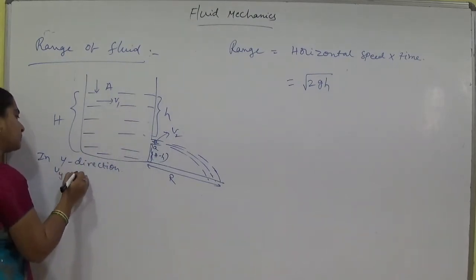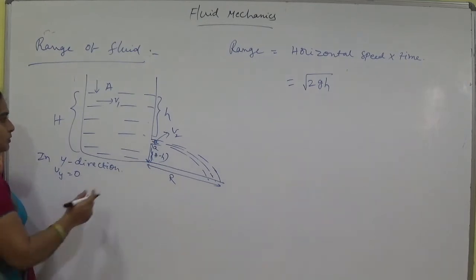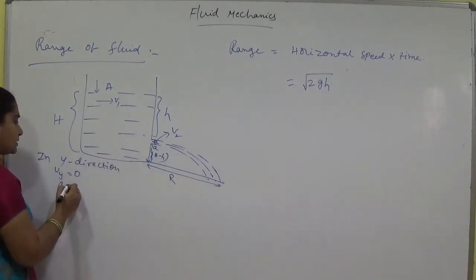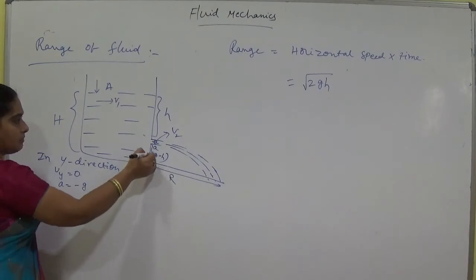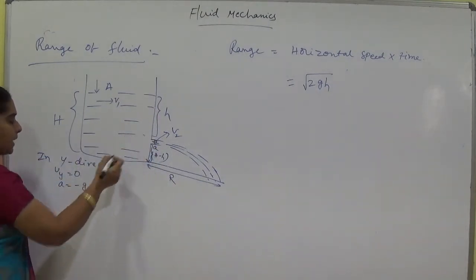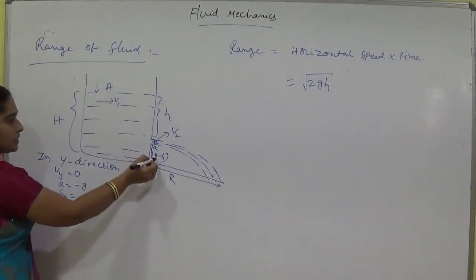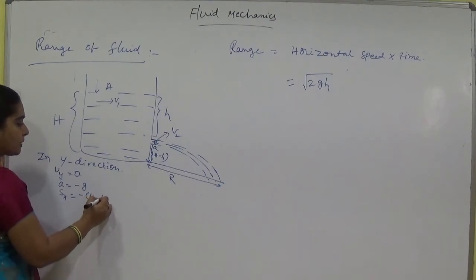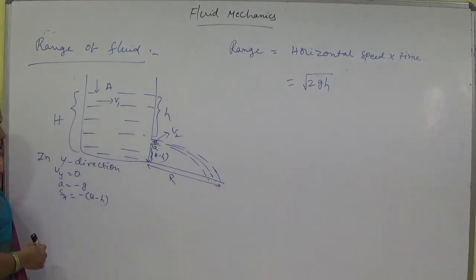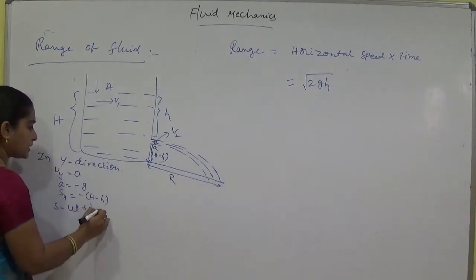Uy is equal to 0. The acceleration is minus g in the y direction. The displacement S is minus of H minus h. S is equal to ut plus half at square.